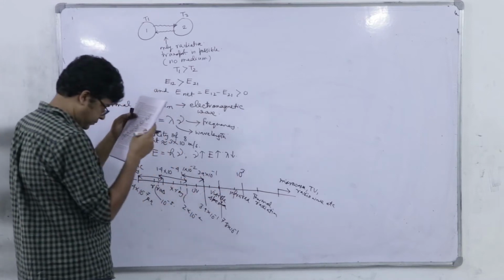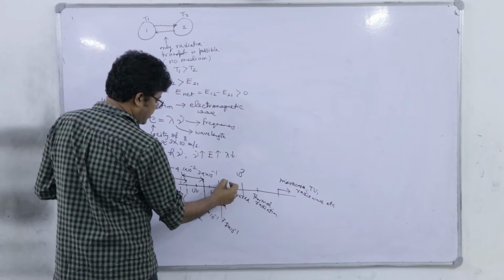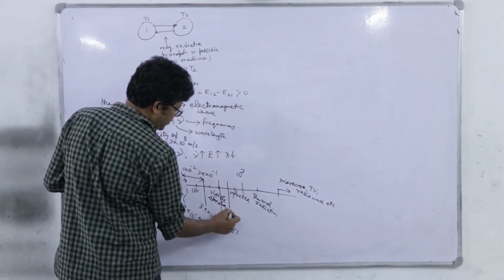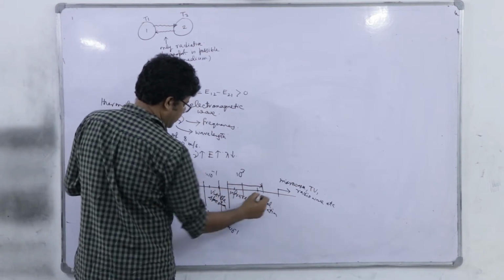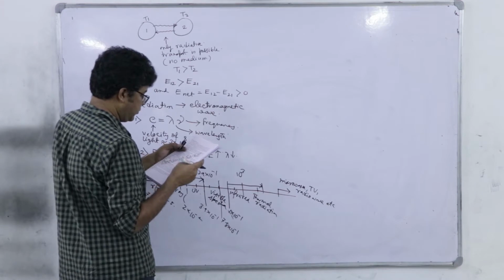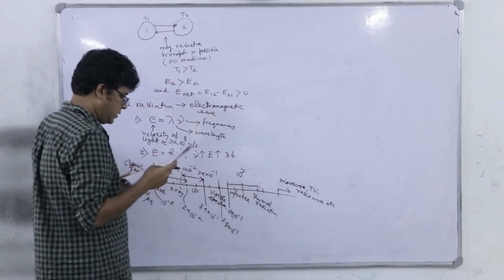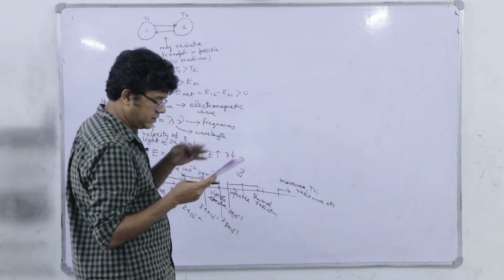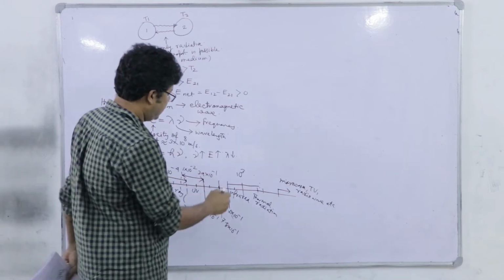Right. Now, thermal radiation, it's 1 into 10 to the power minus 1 and it goes to 3.9 into 10 to the power minus 1. Right. So, this infrared and thermal radiation, they have got totally overlapping range, right.